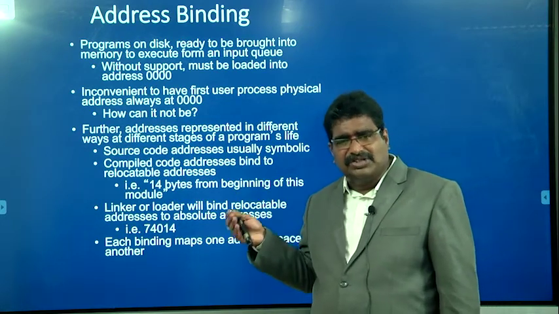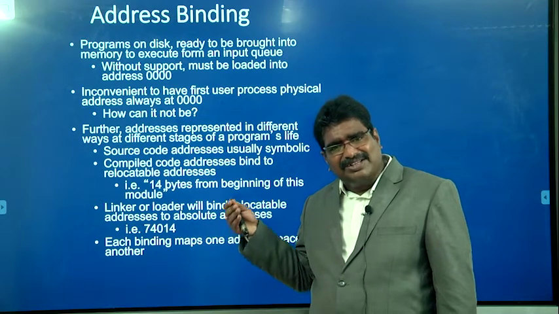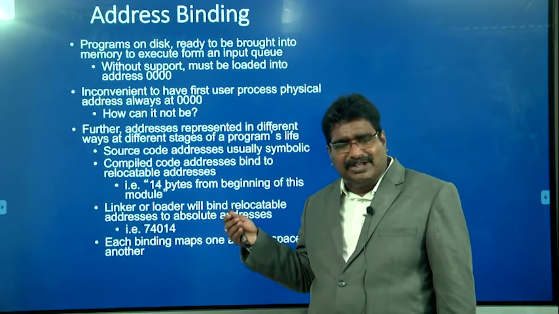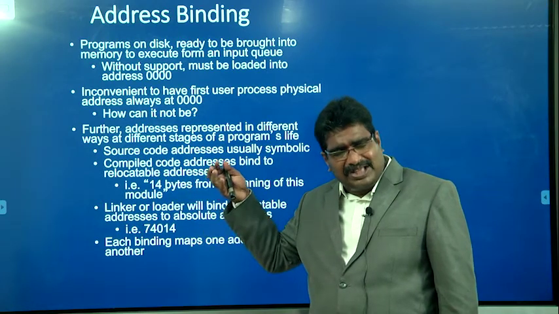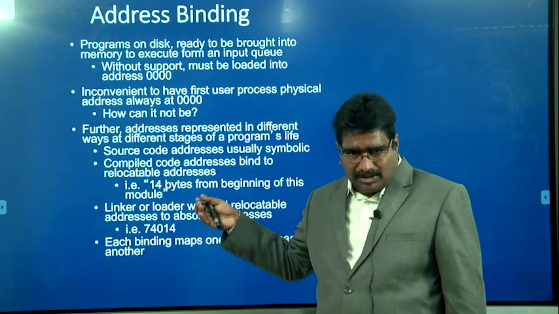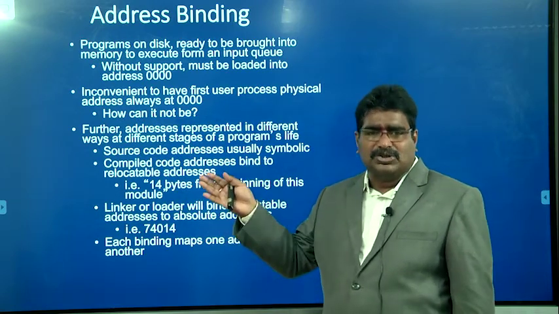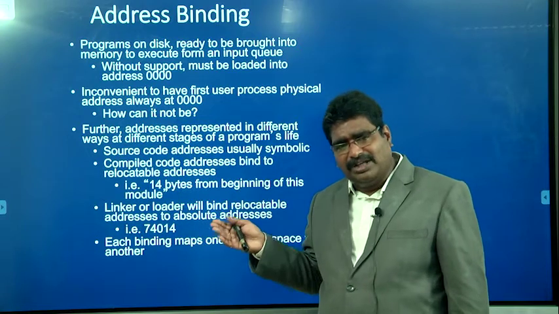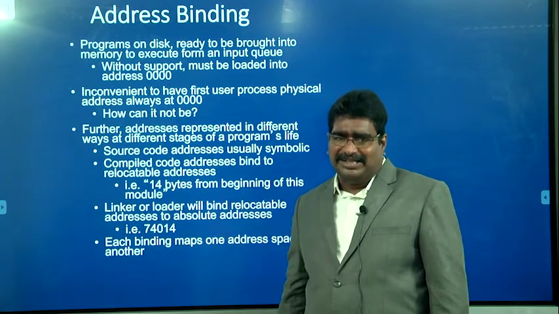In that statement's execution, first the processor needs to fetch the value of the variable a from its allocated memory location. Later it performs the multiplication, and the result is stored into b. So to perform any operation, address binding is required.